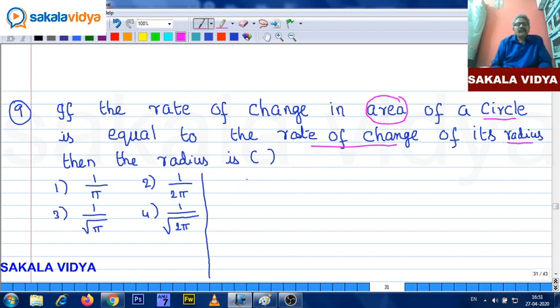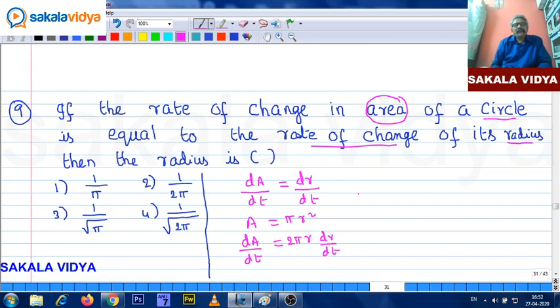So, that means actually what is given means dA by dt equals dr by dt. So, area of the circle is A is equal to pi r square, dA by dt let us find out, equal to pi into r square differentiation is 2r and dr by dt.